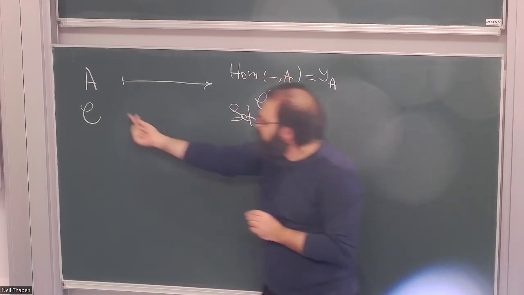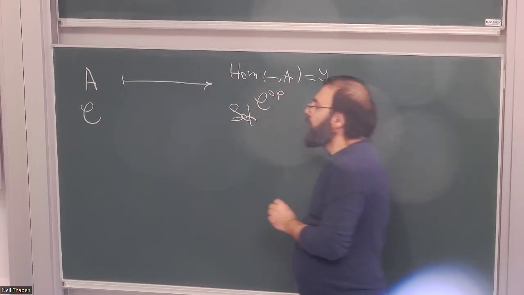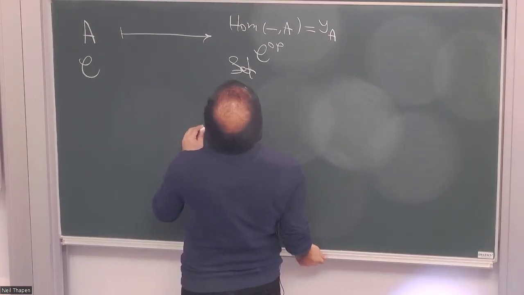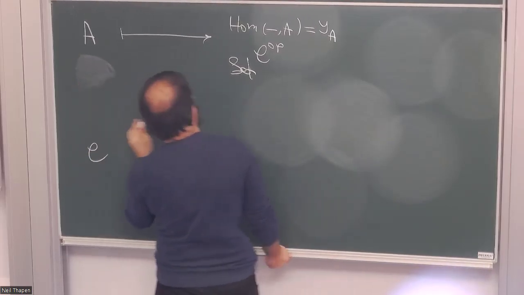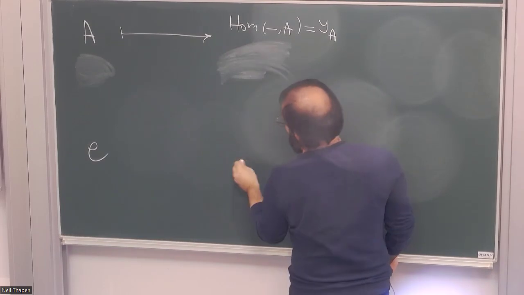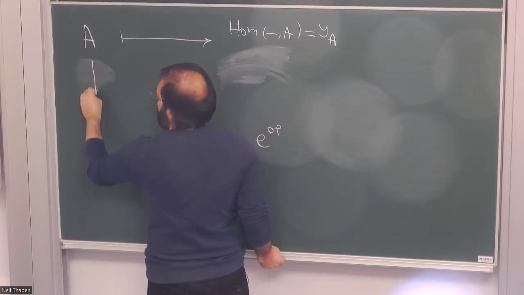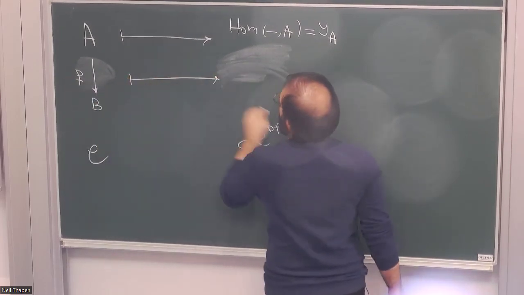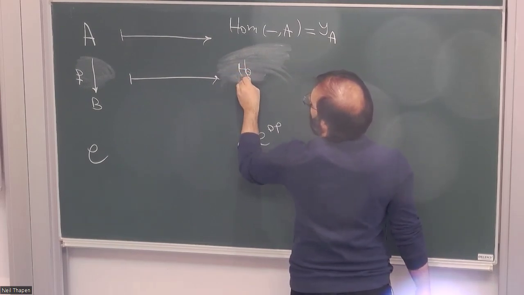So what I'm saying is that if I assign to any A this guy here, and to any morphism f I assign Yoneda of f, why not?